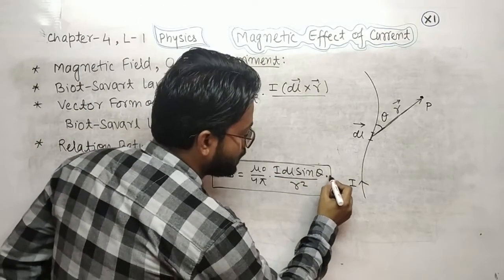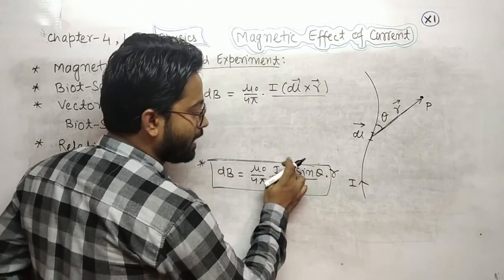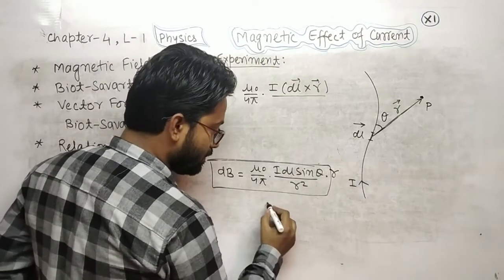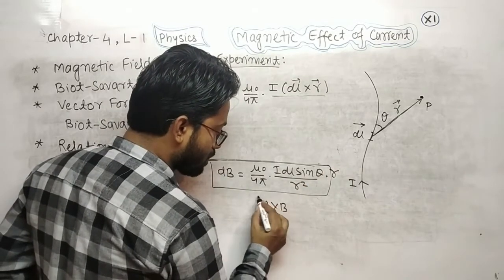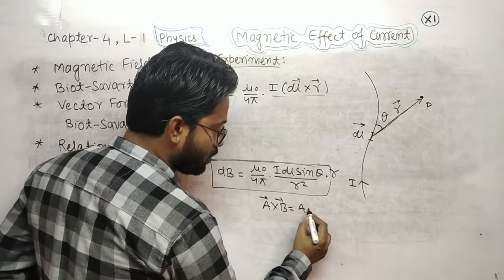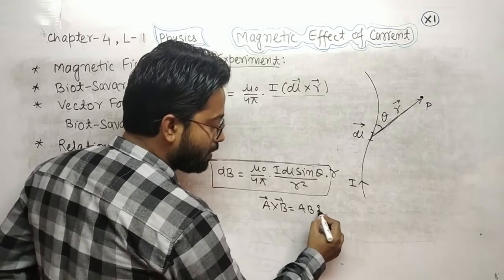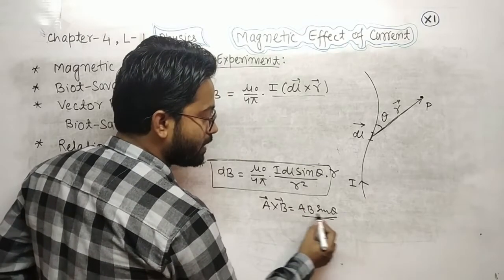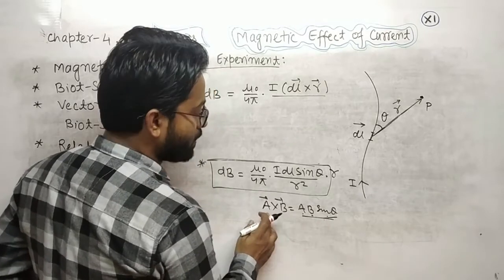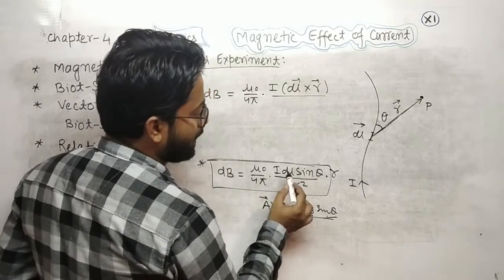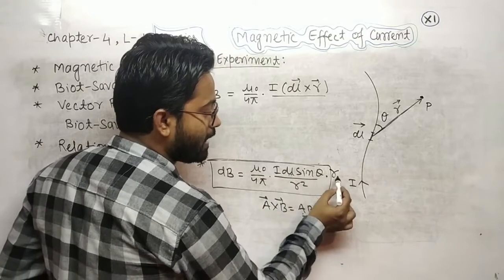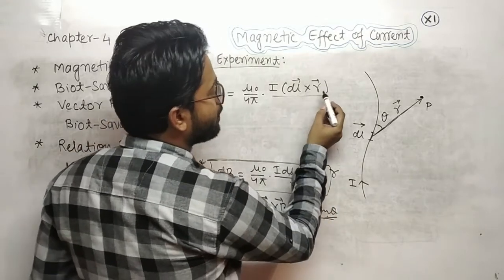If you put r here, L r sin theta, you know that A cross B is equals to A B sin theta. If there is A B sin theta, then you can write A cross B. So dl r sin theta is dl cross r.